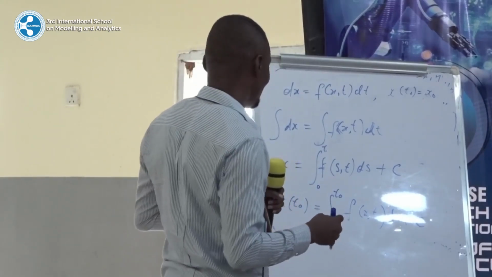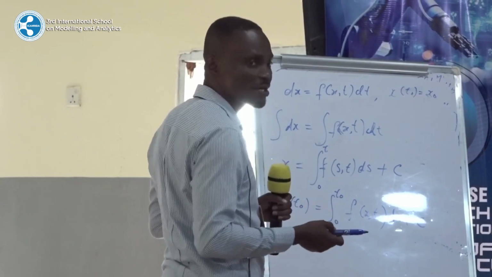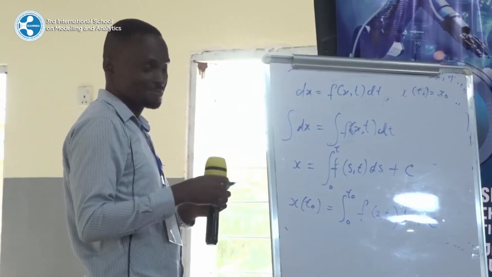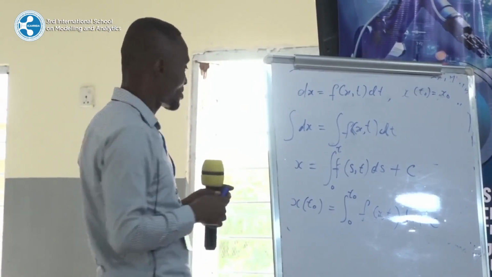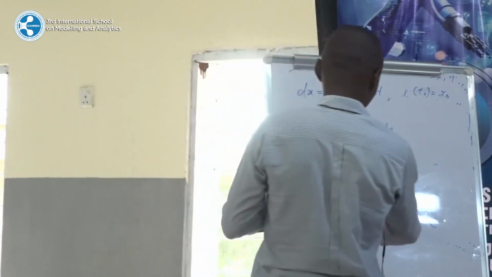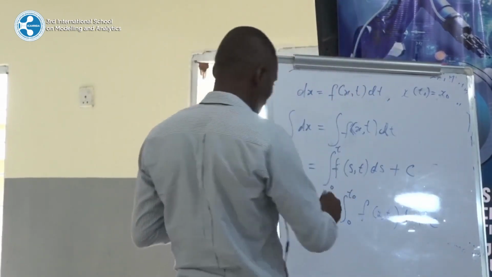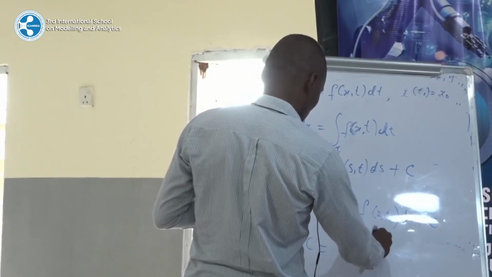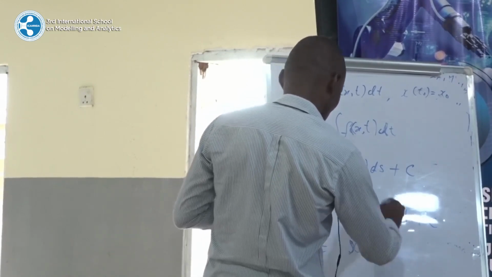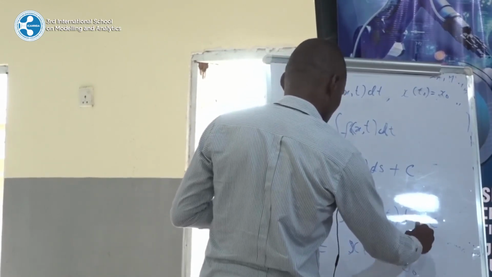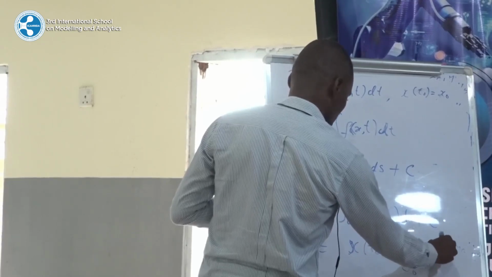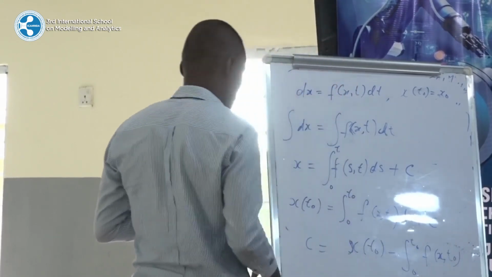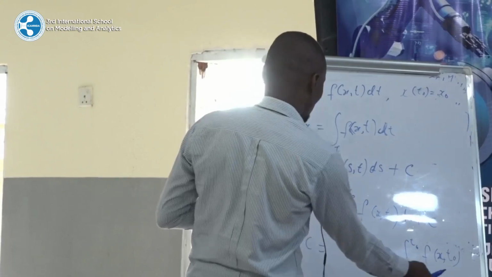So do you agree with him? What is missing now? I want to know, do we agree with him? So if you are saying no, let me see your hand. If you are saying no, let me see your hand up. No, let him raise his hand. You are saying no from that side. Okay. Shagu, you are saying no. Okay, come. So that c is equal to this. We have to replace c.